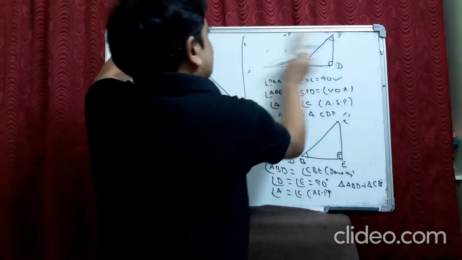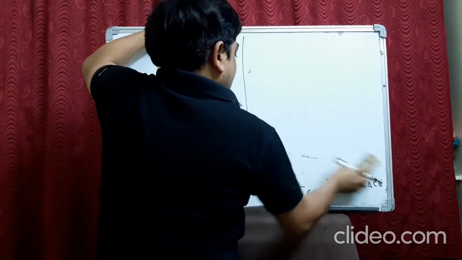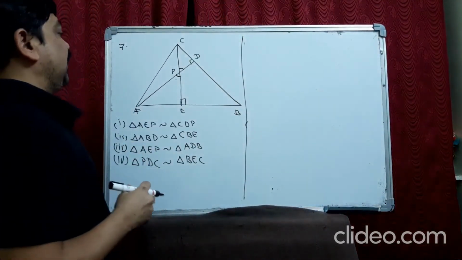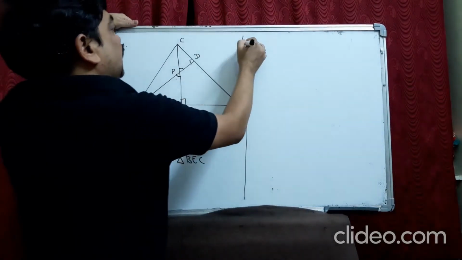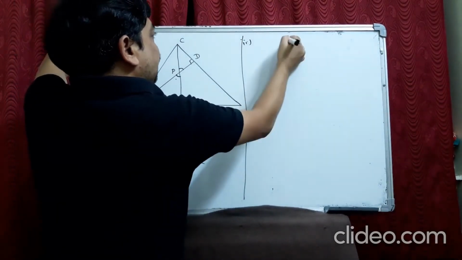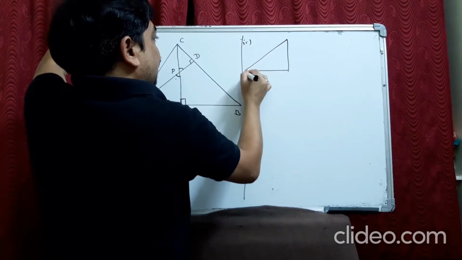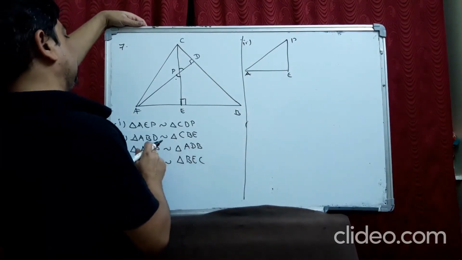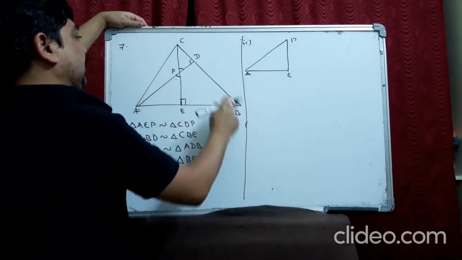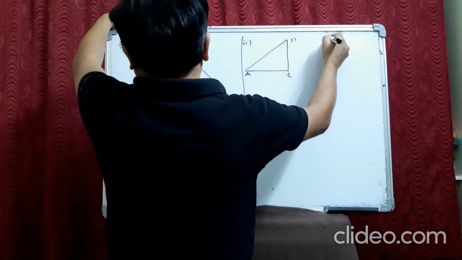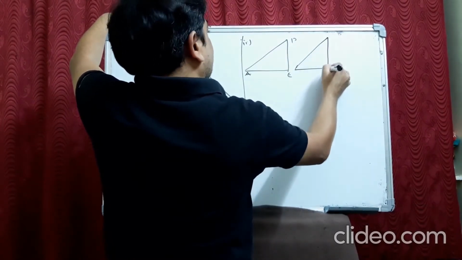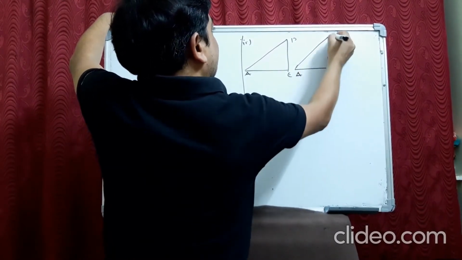Next one is AEP and ADB. We draw AEP like this, and ADB. What is the right angle here in ADB? D is the right angle in ADB.